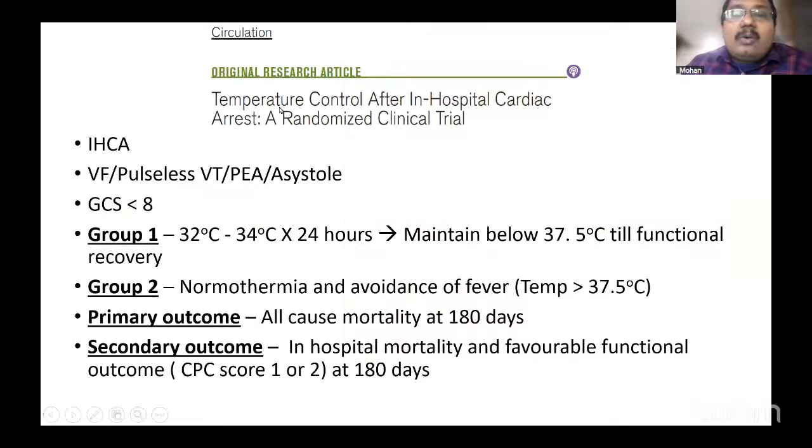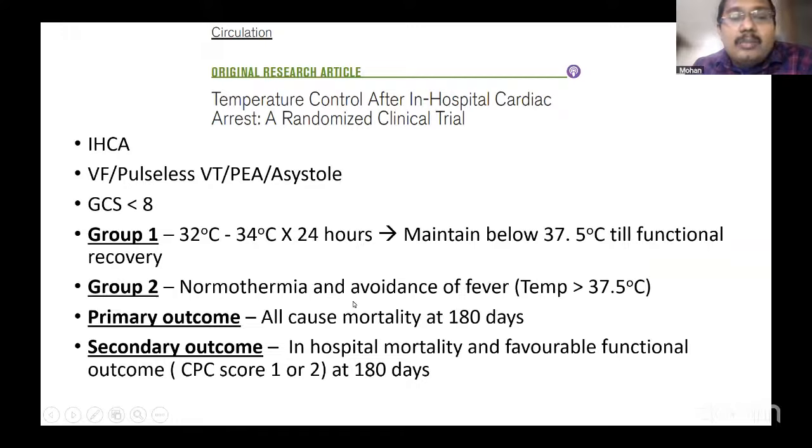Now, the last trial which I'm going to discuss is the HACA in-hospital trial. They have taken only in-hospital cardiac arrest patients, any rhythm, GCS less than 8, randomized into 2 groups. Group 1 got 32 to 34 degrees centigrade for 24 hours, then maintained below 37.5 degrees centigrade until functional recovery.